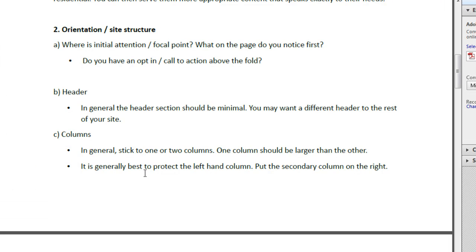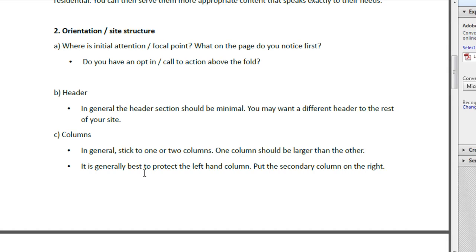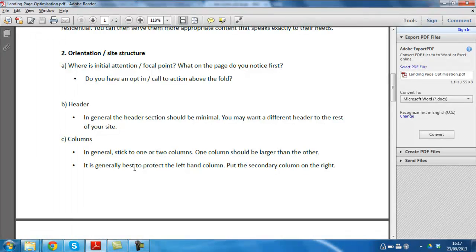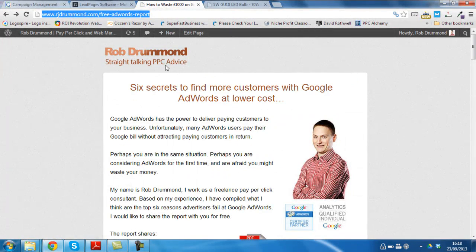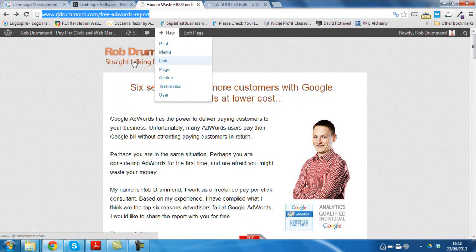The header on your page is the top section. It's generally the area where your site identity and top menu is. In general, the header section on your landing pages should really be quite minimal. You might want to test this and test different things, and you might very well want a different header on your AdWords landing pages to the rest of your website. I actually do this on the landing page that I showed you previously. This header up here only contains my logo.